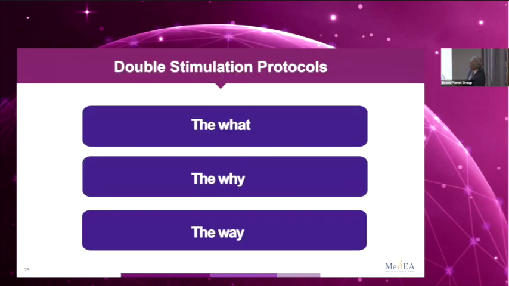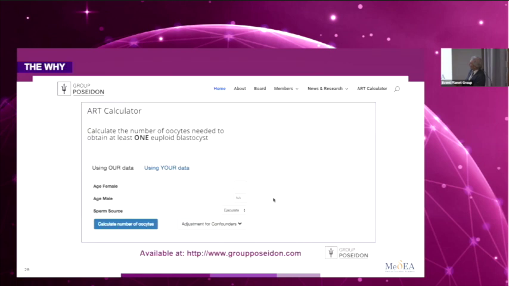That's the reason why we can consider the hypothesis of the ART calculator, because during counseling, you can dialogue with the patient and say, you are 40, for instance, or you are 36, and the vast majority of your embryos have chromosomal abnormalities, so only 20% of your embryos will be competent.